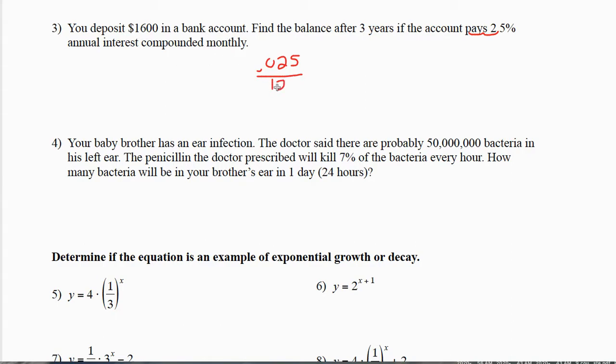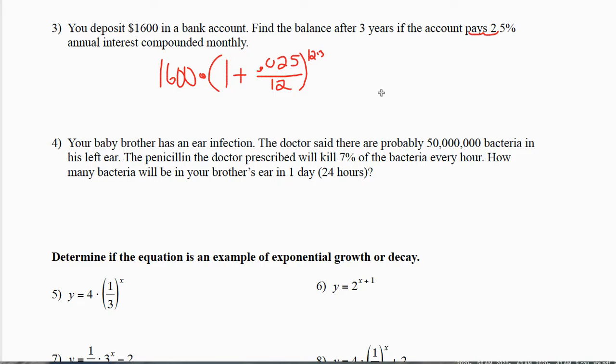It's compounding monthly. Now, if the account pays you, that means we add it to the 1. And it starts with 1,600. So that is our starting amount. And it's 3 years. But remember, we have to multiply that times how many times we compound it. So this is going to be 12 times 3 because we are going to actually compound it 36 times.